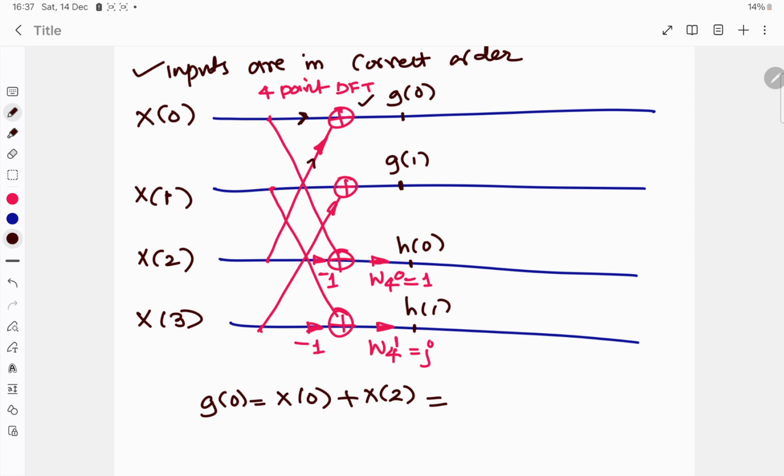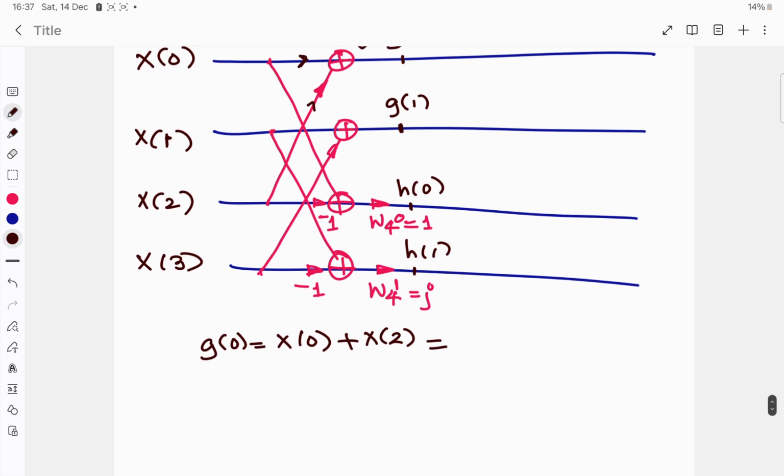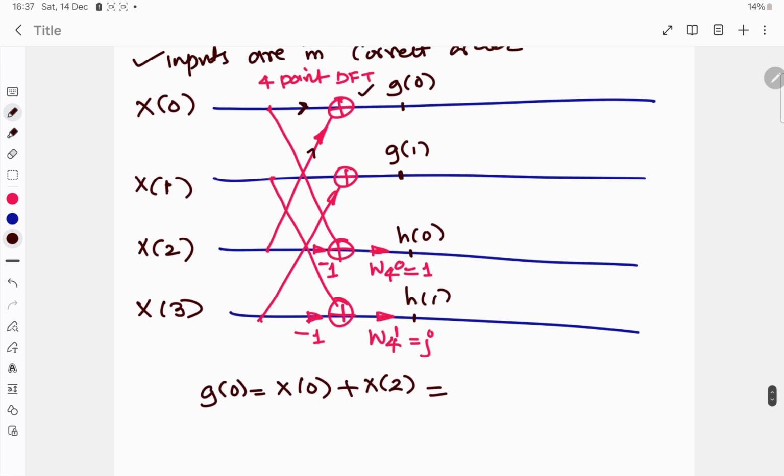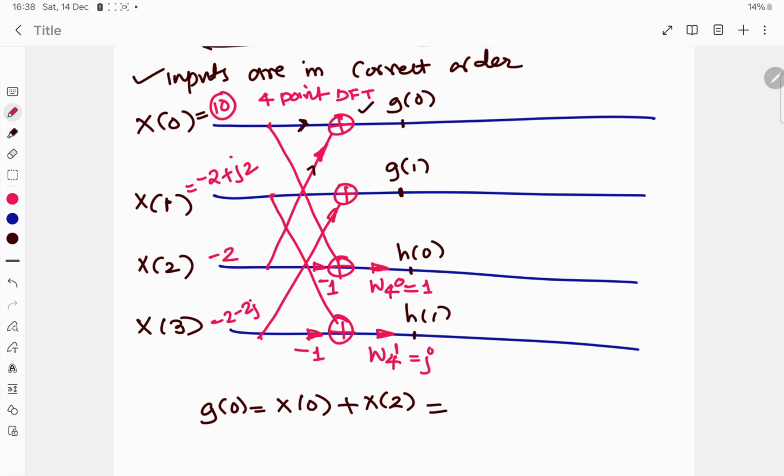So it is a direct summation, x0 plus x2. These are the inputs: the first input is 10, second input is minus 2 plus 2j, third input is minus 2, and fourth input is minus 2 minus 2j. So we'll get the value of g0 equal to 8.